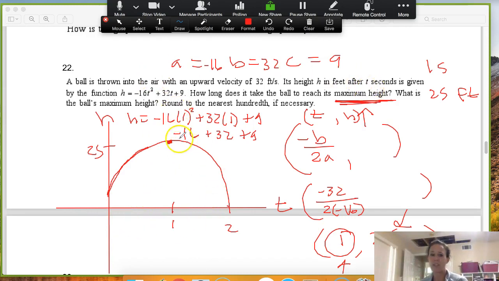What is the max height? They just say, what's the x and y value of the vertex? If I said that to you, you'd be like, oh, vertex, negative b over 2a, and then I plug that in to get the y value. That's all it is. That's what it means. So apply the vertex to an actual problem, and this is what you're asking. Okay? And that makes sense. It's only going to take a second because the ball's going to go up and it's going to come right back down real fast, right? If you can throw it 25 feet in the air, that's pretty tall.